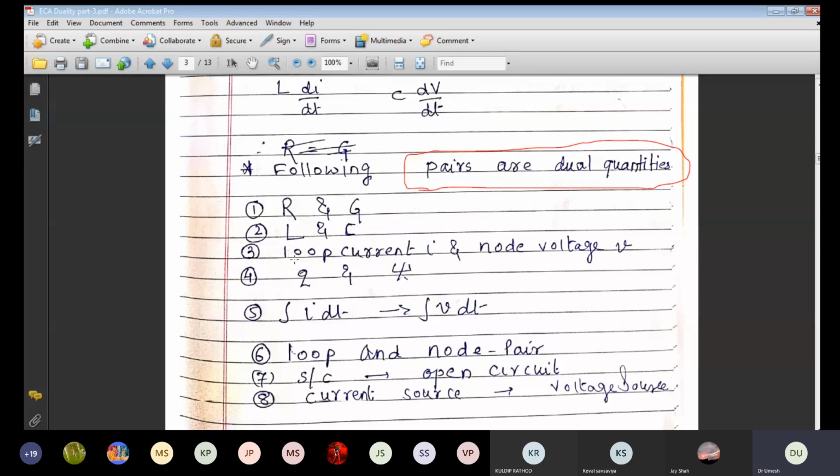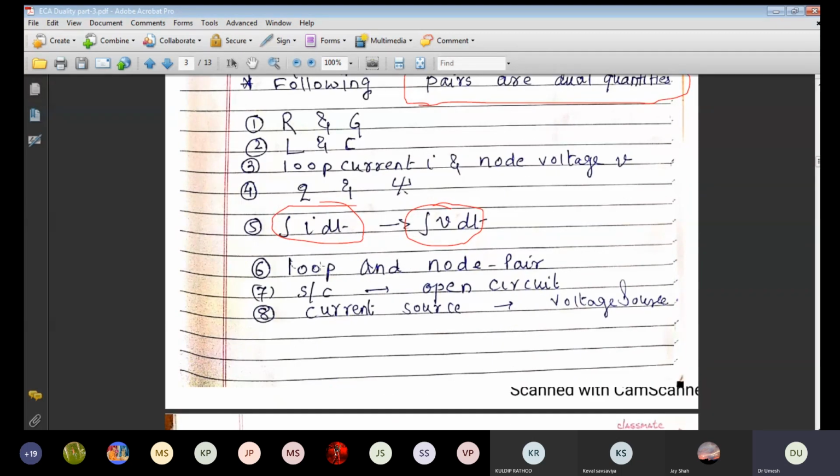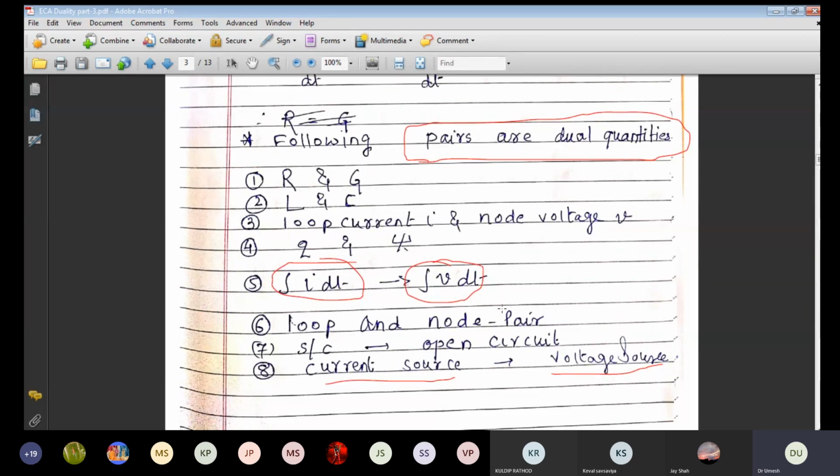Now this charge Q can be replaced by psi, the flux linkage. Integration of current is replaced by integration of voltage, which we already found out. Loop will be changed by node. Short circuit will be changed by open circuit, and current source will be taken as a voltage source. So these are the pairs of dual quantities that you have to remember.